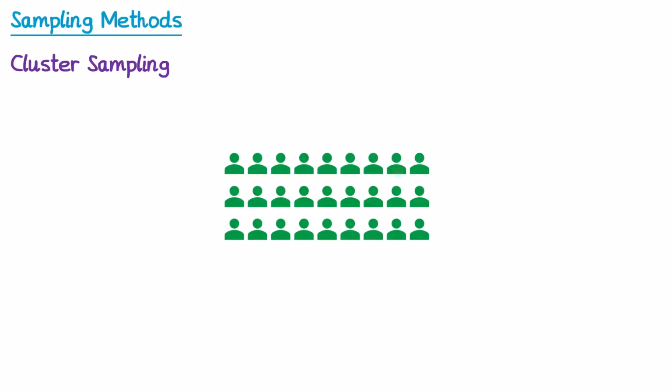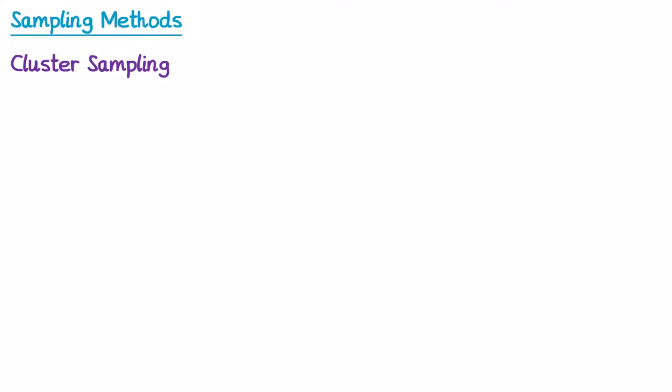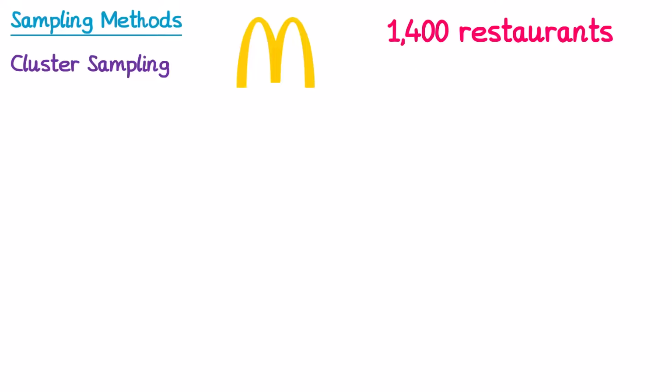Let's have a look at an example of where cluster sampling might be useful. Imagine the management at McDonald's wanted to know how their employees at their restaurants felt about their work. Well, McDonald's is quite a large company. In the UK, there are roughly 1,400 restaurants and 135,000 employees, so it would be quite an undertaking to ask all of them. Instead, what they could do is split the population up into clusters, based on which restaurant they worked at.